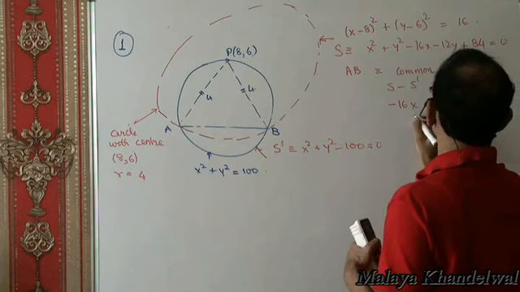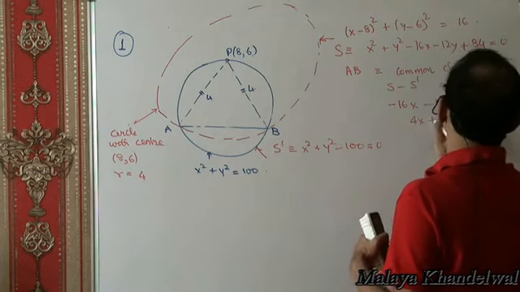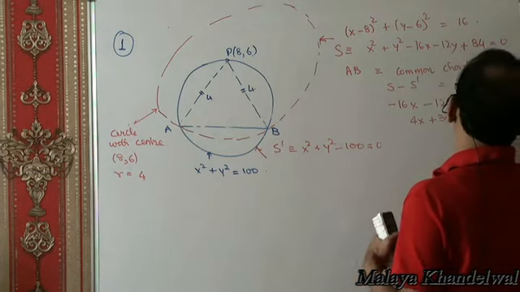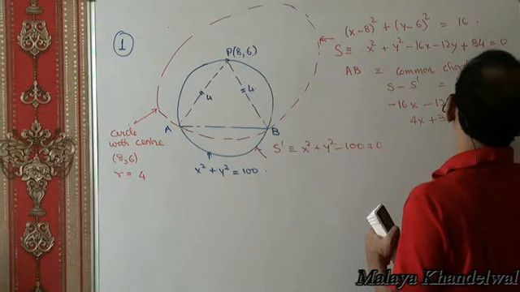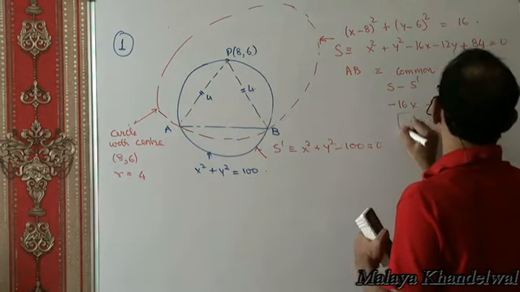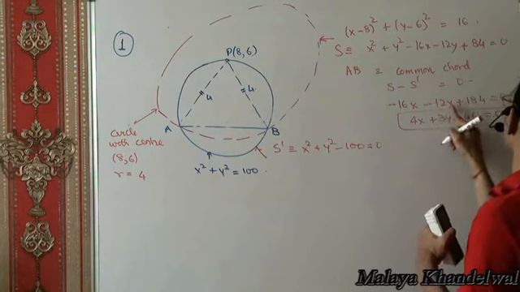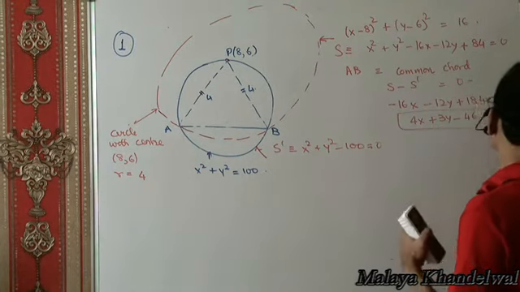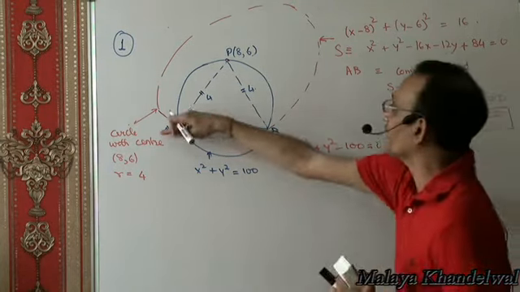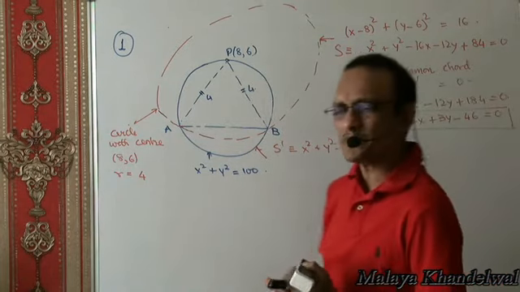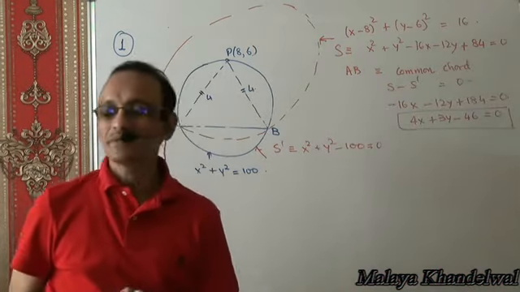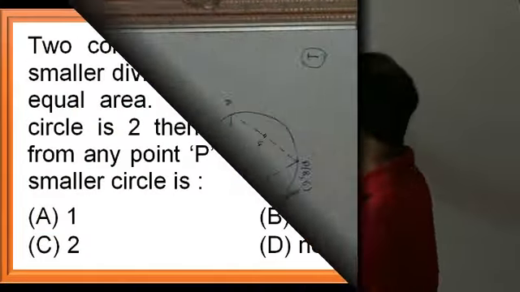You can further write it as 4x plus 3y minus 46 equal to 0 would be the equation of the common chord. 4x plus 3y minus 46 equal to 0. That will be the equation of AB. Yes or no? Smart problem. I thought not difficult, but made sense. Thank you so much. Bye.